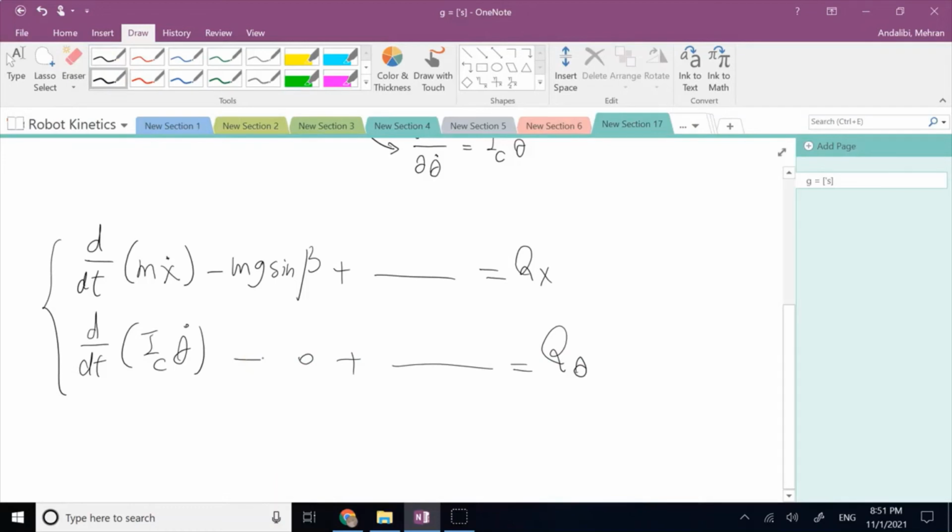So first I have to figure out what these two terms are, and then what is qx, what is q theta, and then I also need to write my constraint equation in a form that involves x double dot and theta double dot, because this is clearly mx double dot, and this is clearly IC theta double dot. And these are my unknowns, x double dot and theta double dot, plus, of course, lambda.